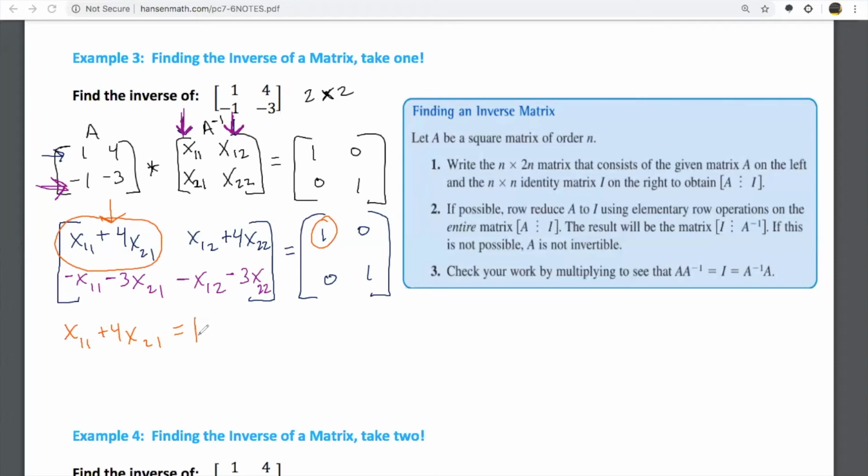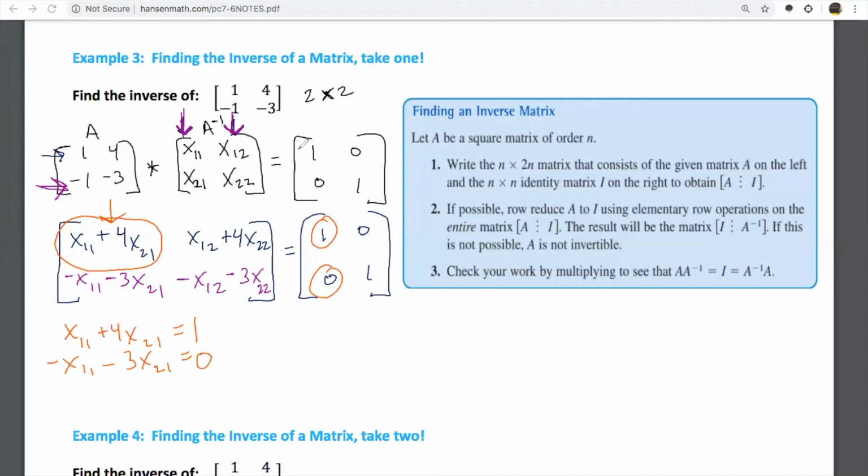So this is equal to 1. And then I also have negative x11 minus 3x21, and that has to be equal to 0 because that's its matching element.